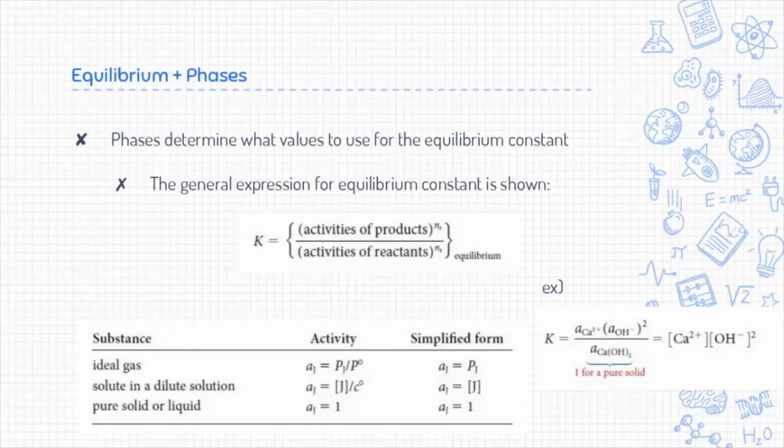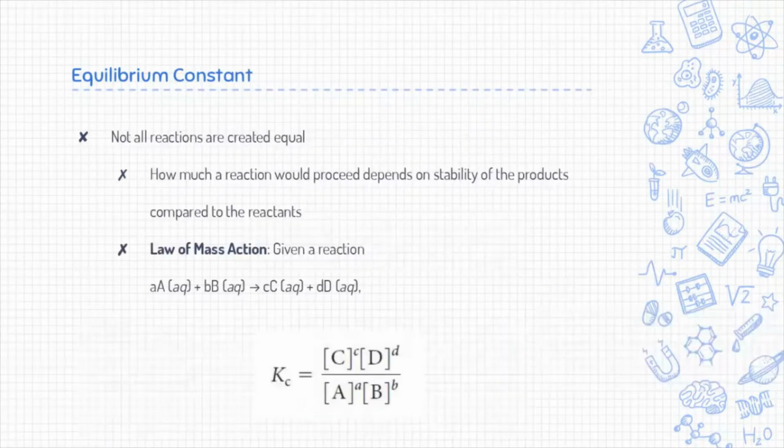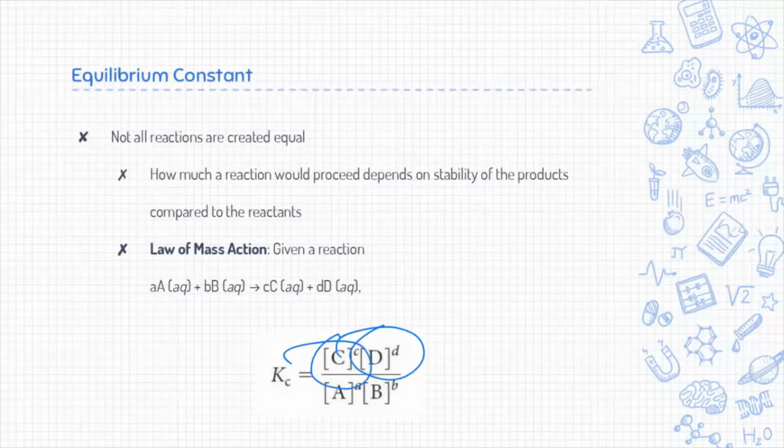But for my purpose, for example, as you can see, for an ideal gas, now from the previous slide, I used concentrations, right? But we only use concentrations when the phase of the reaction is aqueous. Basically, as you can see here, this reactant A is in aqueous state with a coefficient of lowercase a, right?